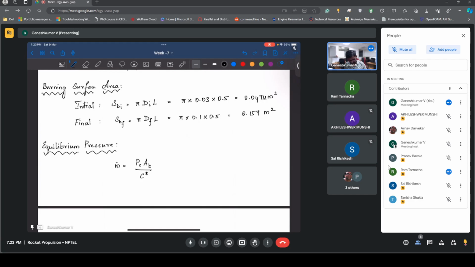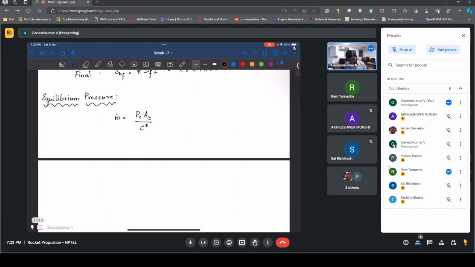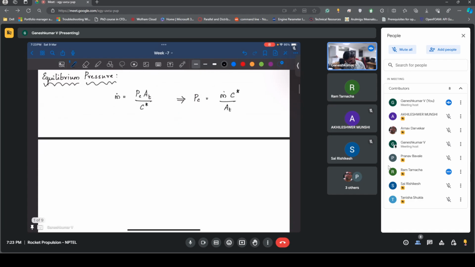So we need to find pressure. Pressure is equal to m dot into C star by A_t. But the only thing is we need to find m dot. As Tanisha said earlier, we can use the m dot formula, which is nothing but the rate at which the propellant burns. So it's going to be density of propellant into r_b into S_b. S_b is nothing but the area of the burning surface at any instant.